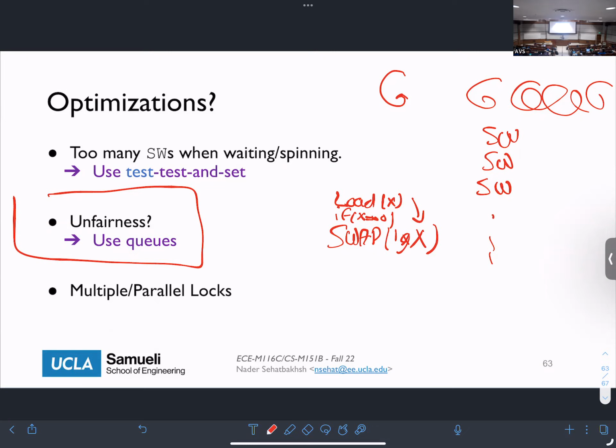Instead of making it open to the world and saying whoever wins it gets it, we say, core number 2 wanted before you, so let me actually serve core number 2, and so on and so forth. This is adding some notion of fairness to your system.